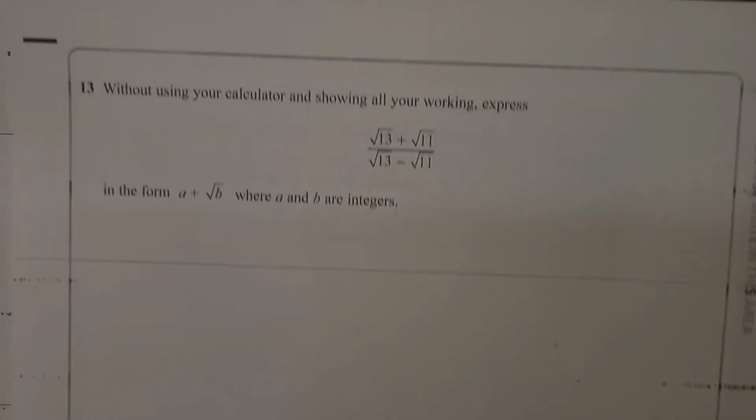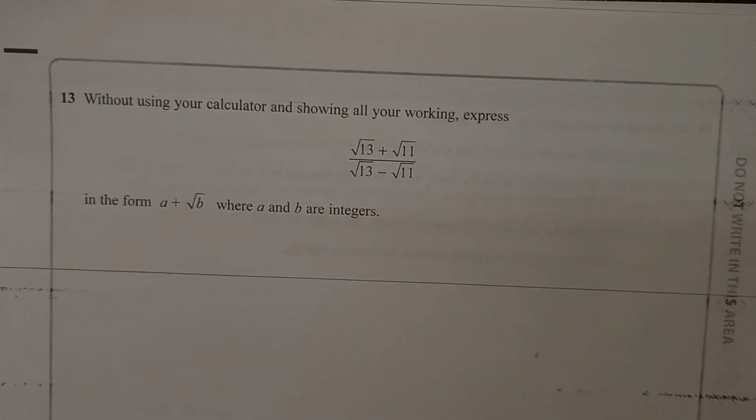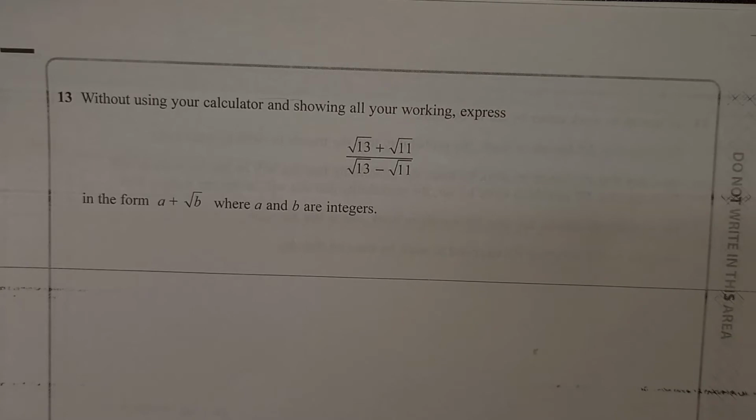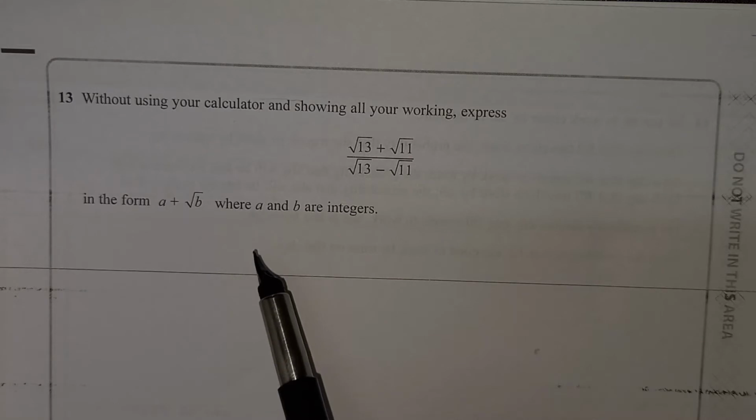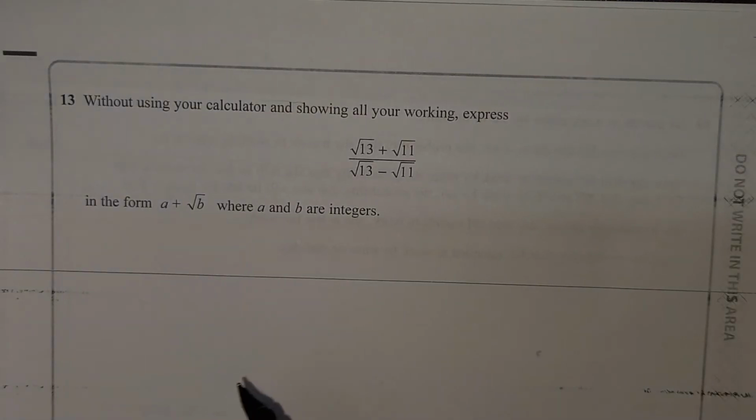Now moving on to question number 13. This question says, without using your calculator and showing all your workings, express this value in the form of a plus under root b, where a and b are integers.